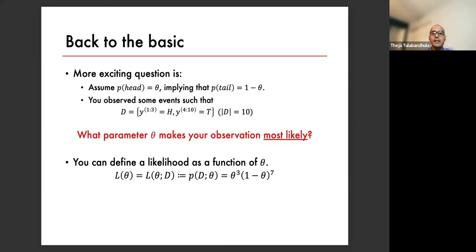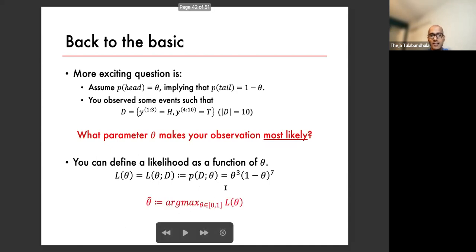So what we define is a likelihood function. What is it doing? You have this observed data, and for every theta that I give you, you can tell me the likelihood of observing the data given this theta. Now we can ask, if that is the case, can you find that theta that maximizes this likelihood?